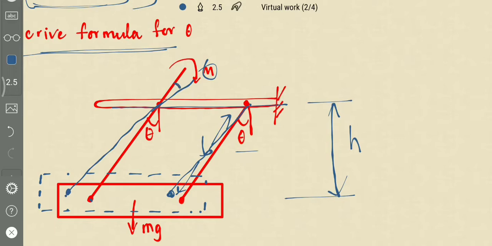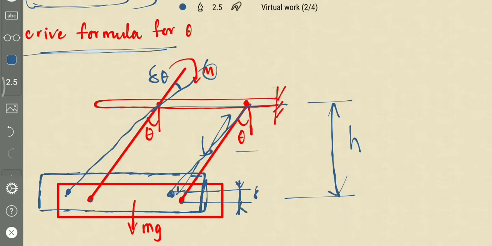Let us say this change in angular displacement is delta theta, and the change in height, let me draw this with a straight line, is given by delta h.